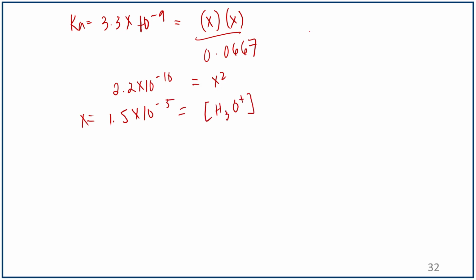Now, you can check whether our assumption was correct using the 5% rule, but I'm not going to go into that. And then we next calculate the pH by just taking the negative log of that value. Negative log of 1.5 times 10 to the negative 5 should be equal to 4.82. And now at this point, again, check. At the equivalence point, the only species which should be in solution is the hydrazonium ion, which is acidic. And if your pH here is not acidic, then it's time to revisit the math.